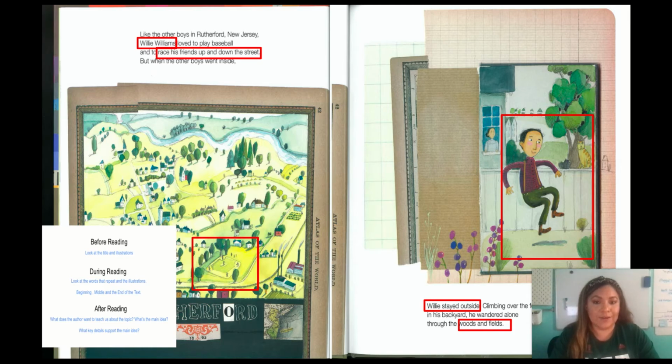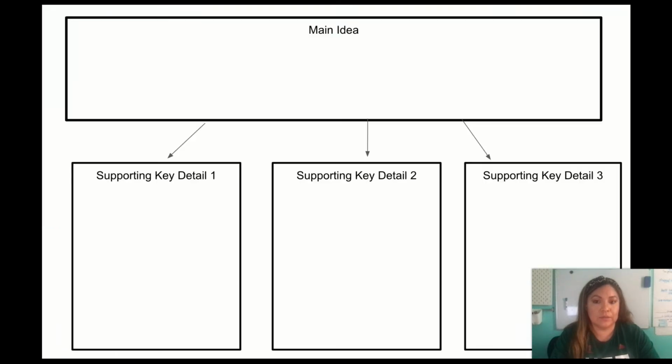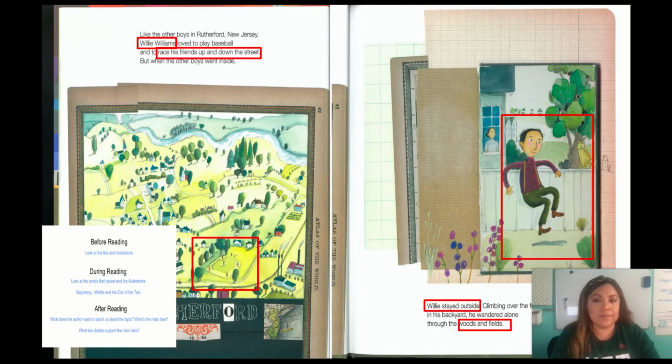All right. So now that I have my main idea, I'm going to use my graphic organizer just so that I can put my thoughts together. So I'm going to show you on the next slide. This is my graphic organizer for main idea. So I kept on hearing the word Willie being outside.